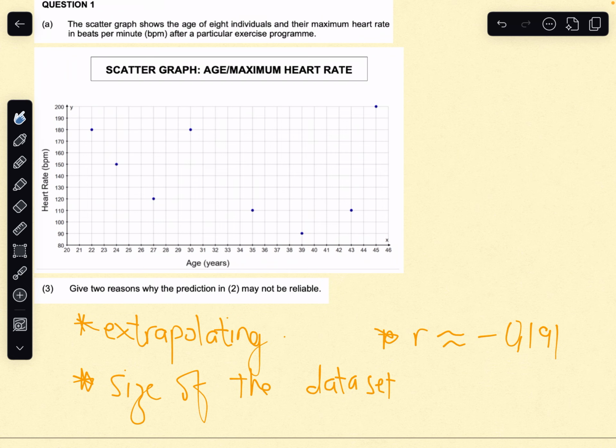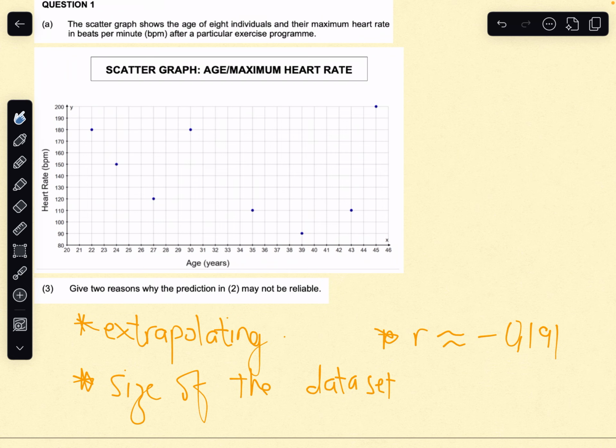And then the next question, they talk about the dangers of extrapolation. 50 is outside of the given range. And then they also talk about the weak correlation of negative 0,2. I don't know why they're not mentioning the small data set, because maybe, would you have more grounds to extrapolate if your data set was larger?